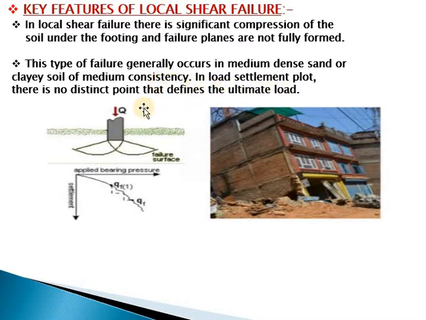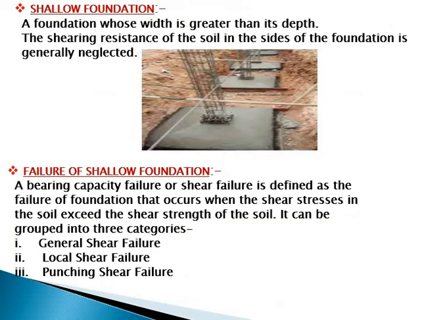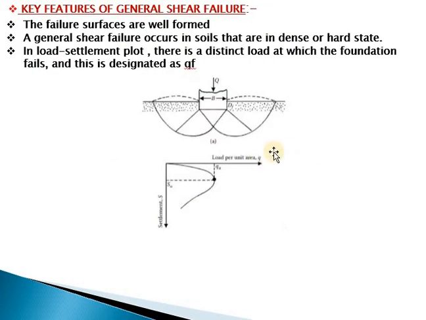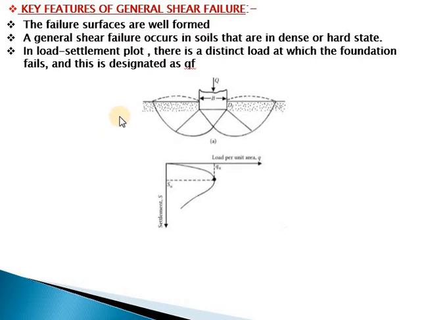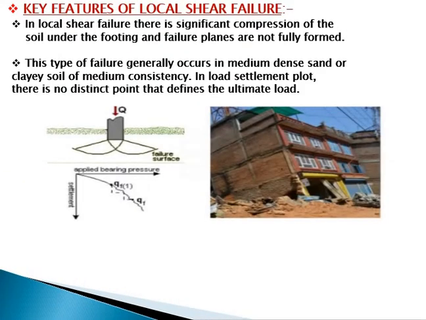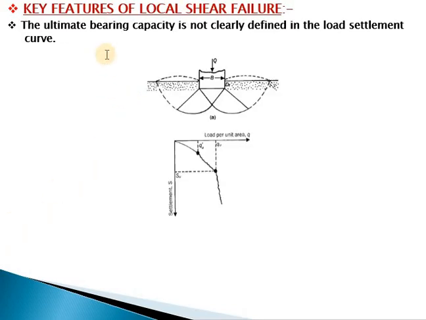In the load settlement plot, there is no distinct point that defines the ultimate load, but in general shear failure there is a distinct point. This is actually the distinct point to define the ultimate load. Okay. But in local shear failure there is no distinct point, and the ultimate bearing capacity is not clearly defined in the load versus settlement curve.